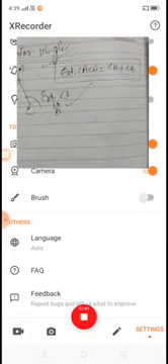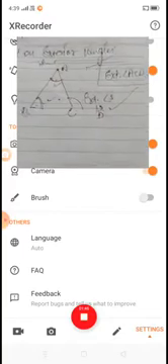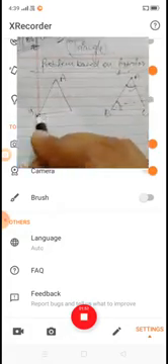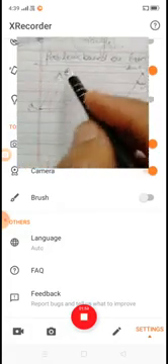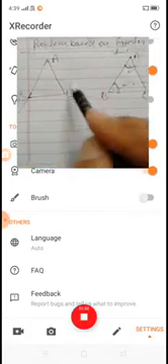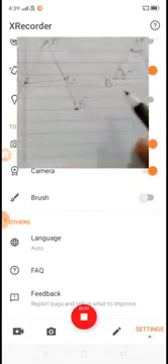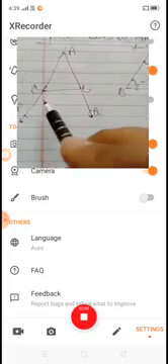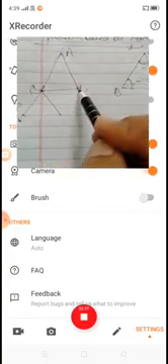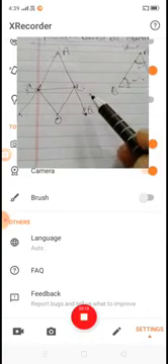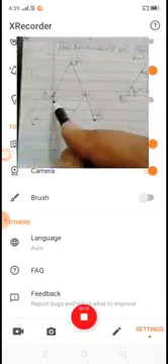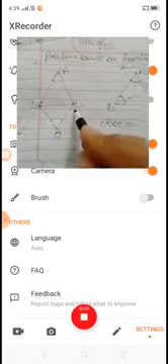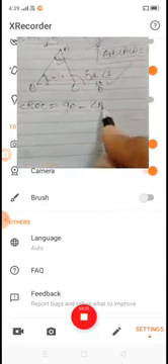Okay, and we also solved some questions based on this theorem. We also discussed in the previous class a theorem in which ABC is a triangle, the side AB is produced to P and side AC is produced to Q. Then the bisectors of angle PBC and angle QCB intersect each other at point O. Then we have to prove that angle BOC is equal to 90 minus angle A by 2.